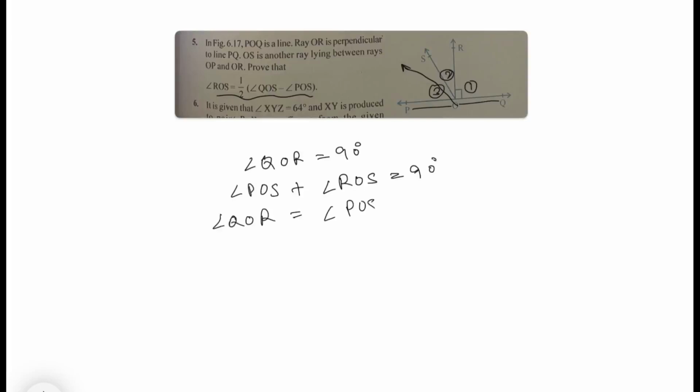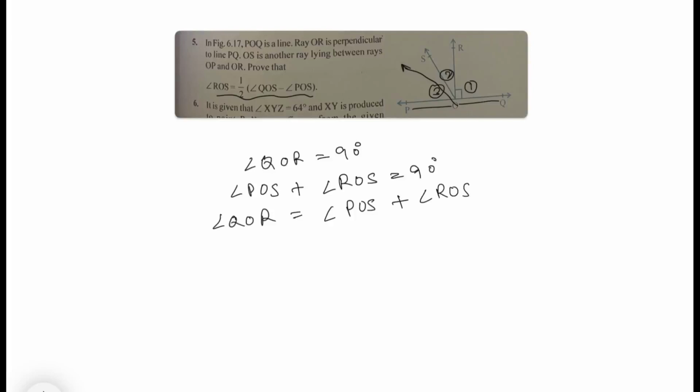Let's look at question 5. Here it says that POQ is a line and ray OR is perpendicular, which means angle QOR is equal to 90 degrees, as well as angle POS plus angle ROS is equal to 90 degrees. So we can say that angle QOR is equal to angle POS plus angle ROS.